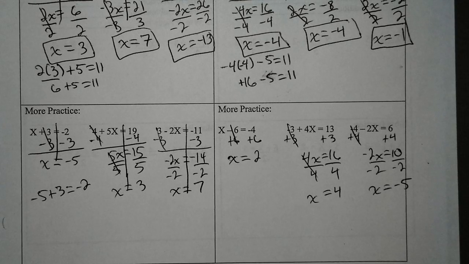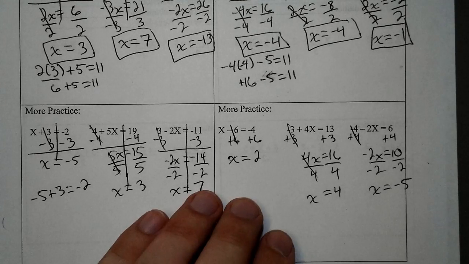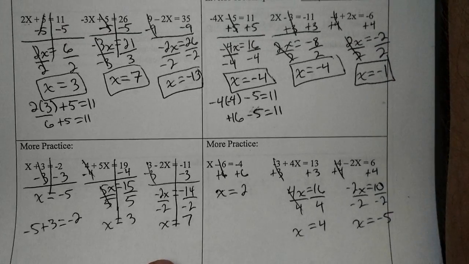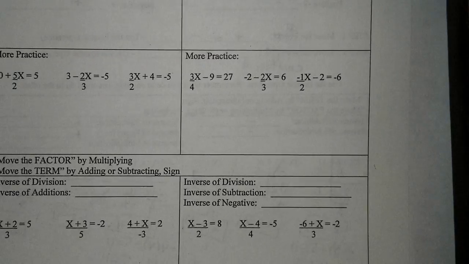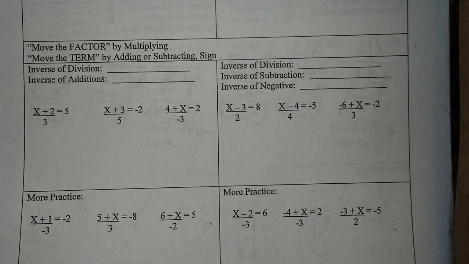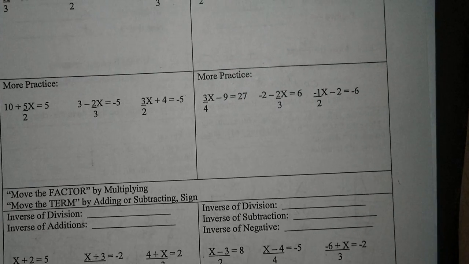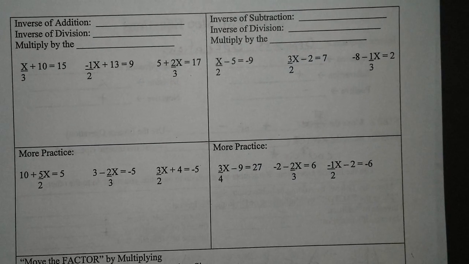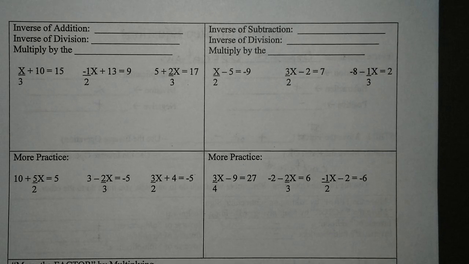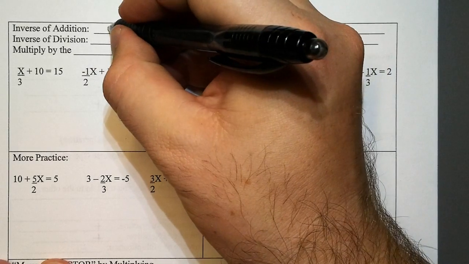Now, I'm going to flip over to the back page, and we're going to do the same steps. This time we're going to have dividing. Now, when we look at the first few problems here, these all have either a fraction or a division sign. Just like on the other side, the inverse of addition is subtraction.